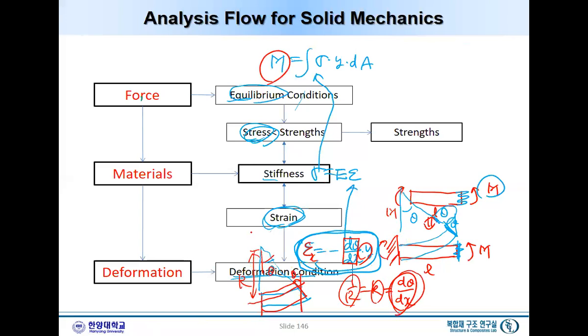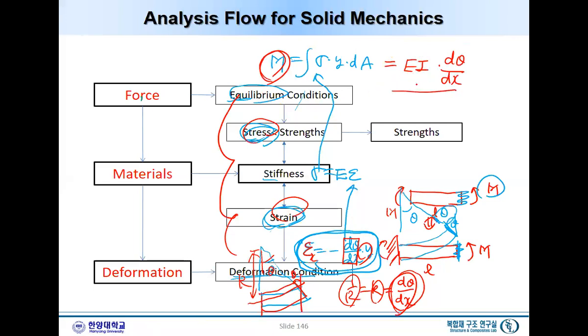So all the next steps are toward deriving the relation between moment and this d theta. I will write down the curvature for your better understanding. d theta dx is the one we're going to derive through strain, stress, and equilibrium.